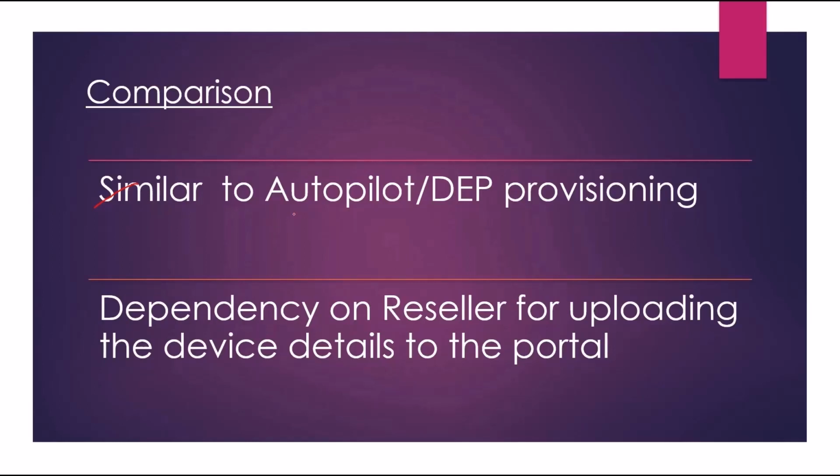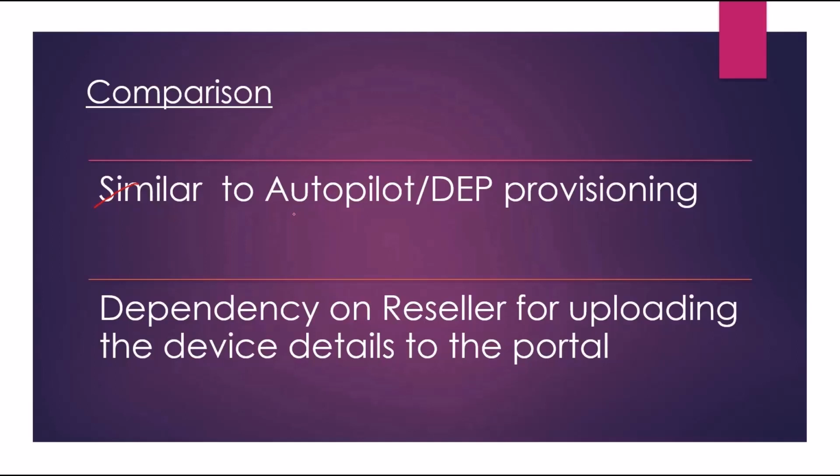I am drawing lines in that they are also used for bulk deployment of devices and enrolling them to Intune out of the box, similar to the Google ZTE approach which we are following here. Now, they are not zero touch. Over here we are pretty much zero touch except for clicking next and finish. So there is one difference between Autopilot, DEP and Google ZTE. Well, obvious differences: Autopilot is for Windows, DEP is for iOS and macOS, and Google ZTE is for Android. Well, that's a given.